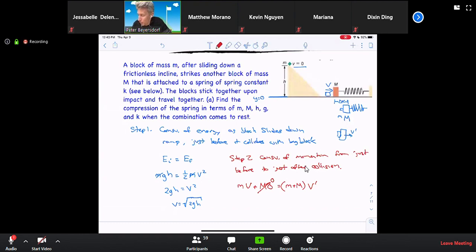So now I can work out what v prime is in terms of v by dividing both sides by the total mass. That gives me that v prime is little m over little m plus big M times v. And if I want to plug in my value that I got for v from the first part, I can do that.